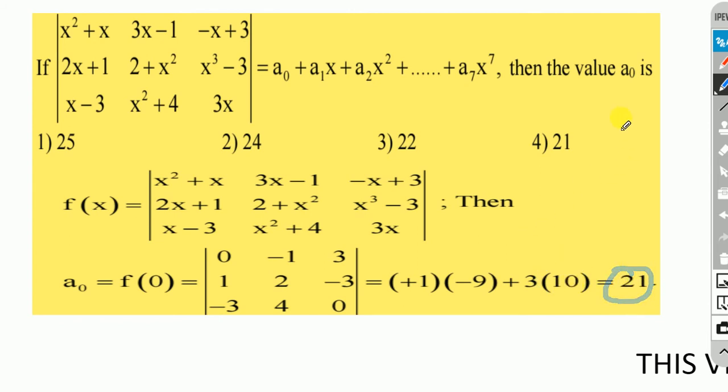So the value of a naught, that is the constant in this, is 21 here. So option 4 is the right answer for this question. So we have solved similar questions. Whenever we have been asked to find the constant, I have to put the value of x as 0 to get the answer for such questions.